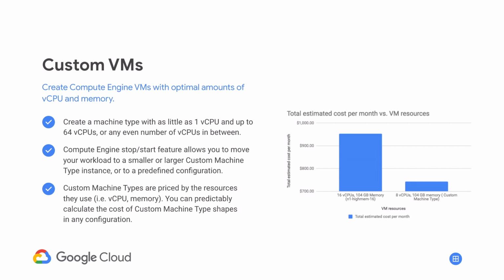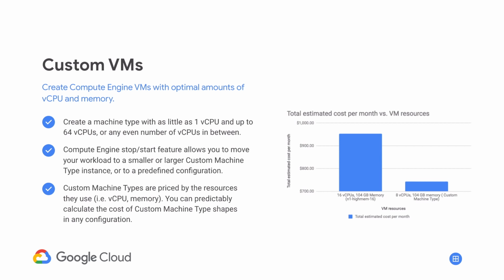For example, we can do custom VMs. We have stock standard templates where you have 1 CPU, 2 gig of RAM, or 2 CPU, 4 gig of RAM. But what if your configuration is a little bit unique? Your workload could be compute intensive, requiring less RAM, or memory intensive, needing more RAM but less compute. In the chart on the right of the screen, if you want 104 gig of RAM for your VM, the stock standard template will require 16 vCPUs.